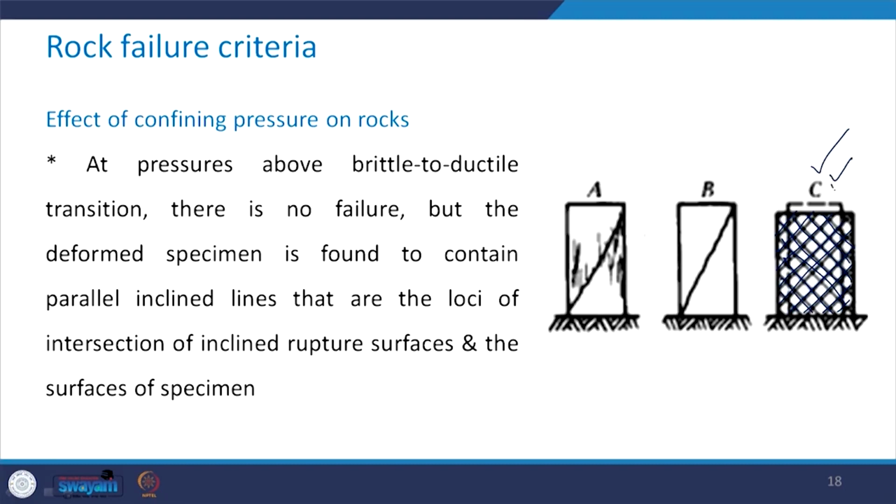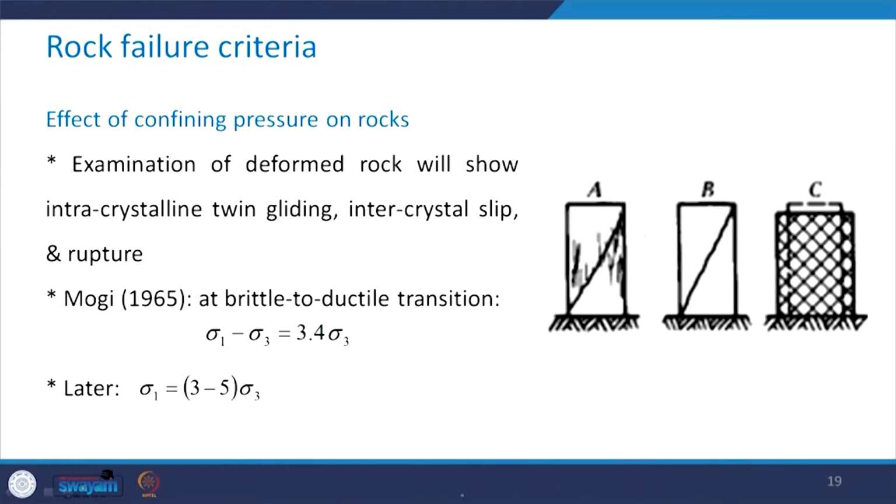So, this is the situation that you will get at the pressures above brittle to ductile transition. Now, the examination of the deformed rock will show intracrystalline twin gliding, intercrystal slip, and finally the rupture in such situation.